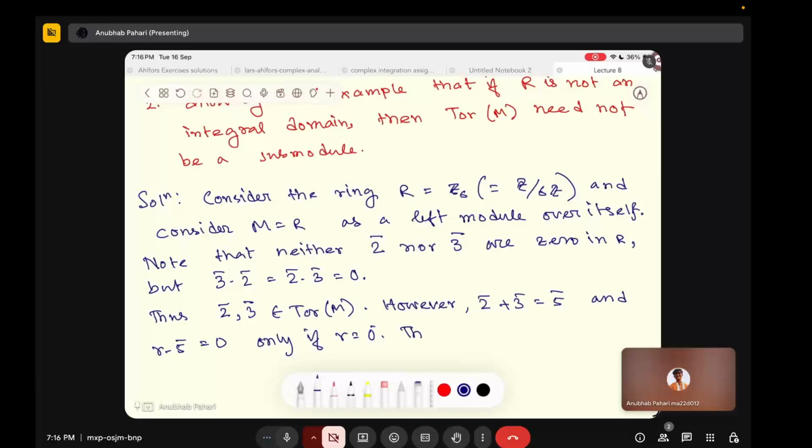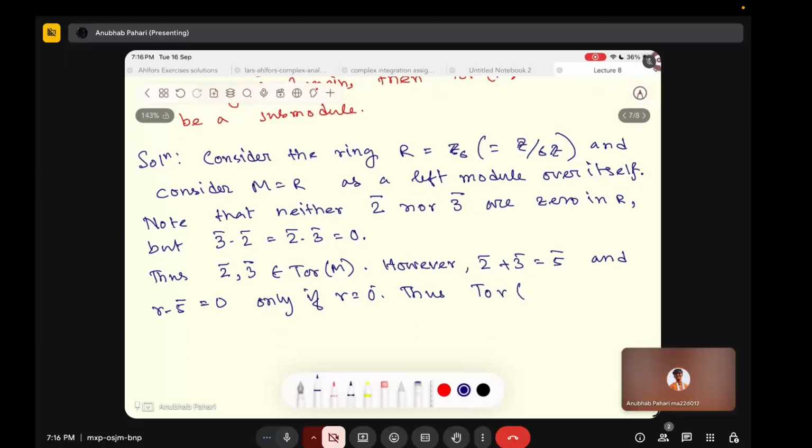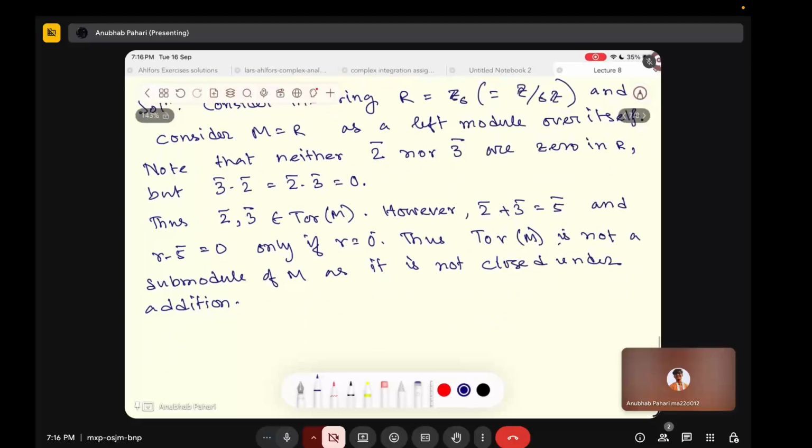Thus Tor M is not a submodule of M, as it is not closed under addition. So we are done.